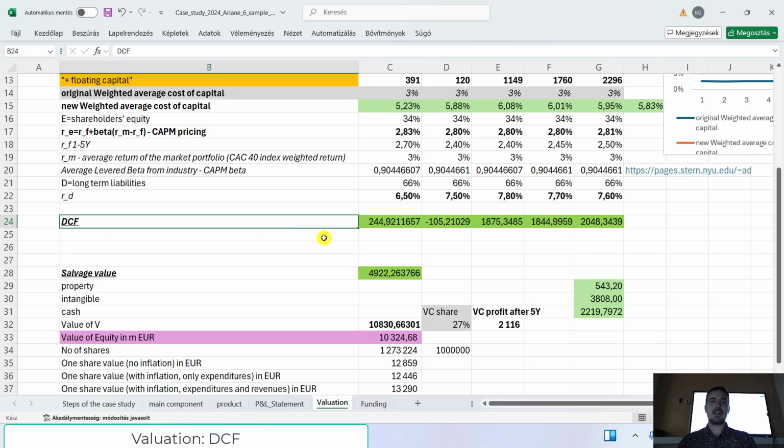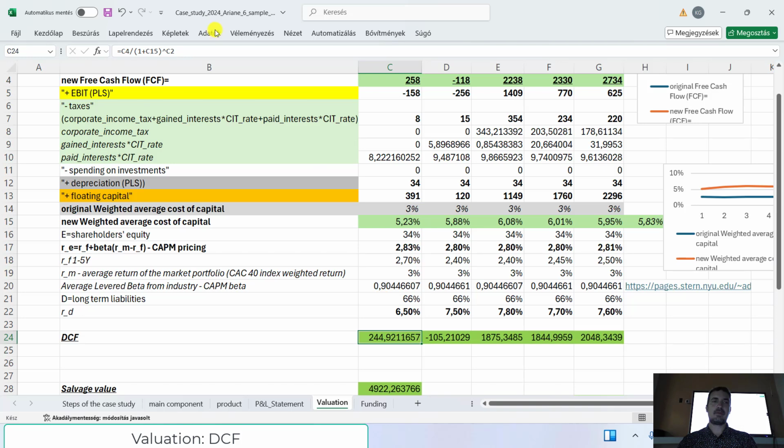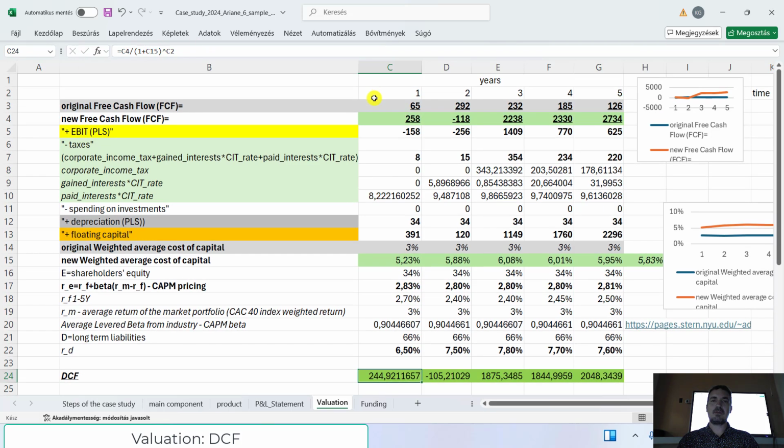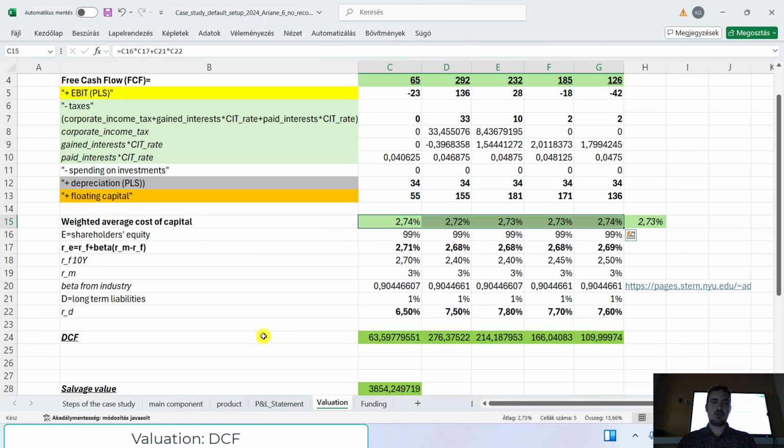Okay, so now DCF. After discounting, so we are discounting FCF, like the present value was calculated, just in this case the interest rate is in this one, and we are using the time from here. So this is what we have as DCF. Also we can copy the old one.